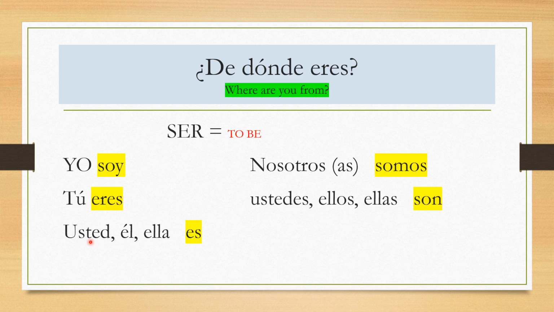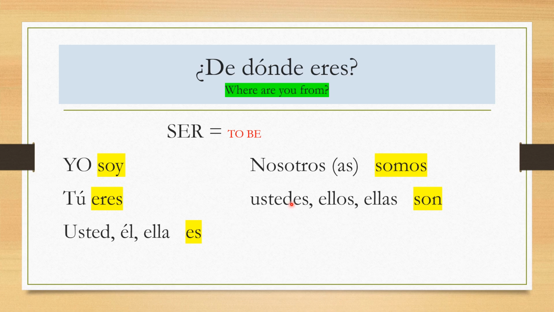And remember, usted, él, and ella are the same conjugation. So it's usted es, él es, ella es. Nosotros or nosotras somos. We. Nosotros somos. The plural.